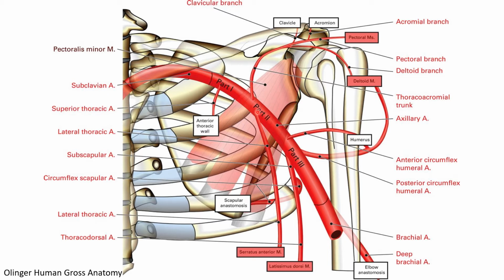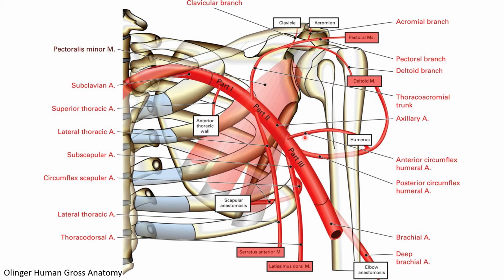Okay, then diving inferiorly is the lateral thoracic artery. This will be just lateral to the pectoralis minor muscle. So lateral thoracic artery. And this is in the second part of the axillary artery because it's deep to the pectoralis minor. The third part is distal to the pectoralis minor muscle.